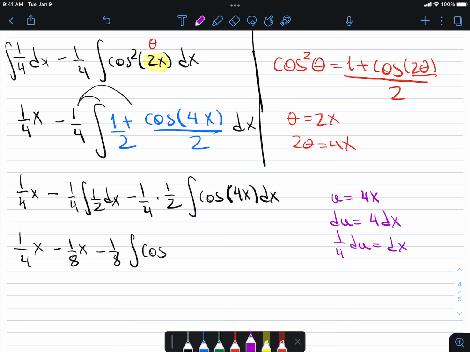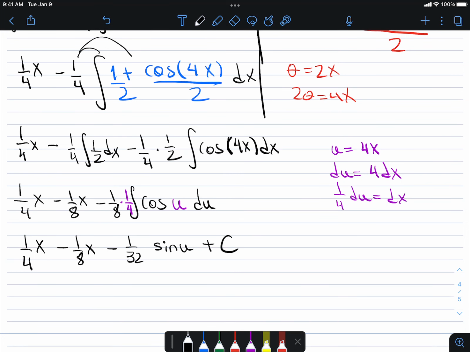So this integral turns into a cosine of u du, and you have to replace the dx with 1/4 du. So there's an extra 1/4 that's going to come out there. Like I said, you can do this more easily if you want. This is 1/32, and then the antiderivative of cosine is sine u.